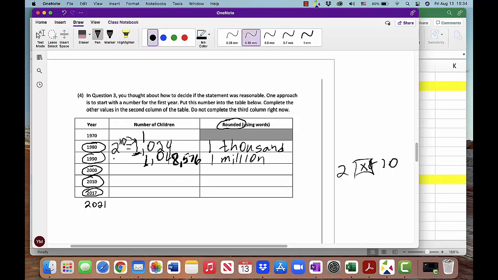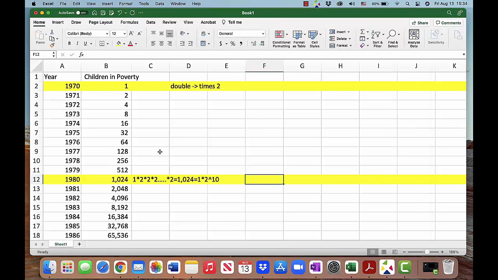All right. So now going here, 1990. We said the other one was 2 to the power of 10, correct? We can check this out right here. Look, 1 times 2 to the power of 10 gives us 1024.